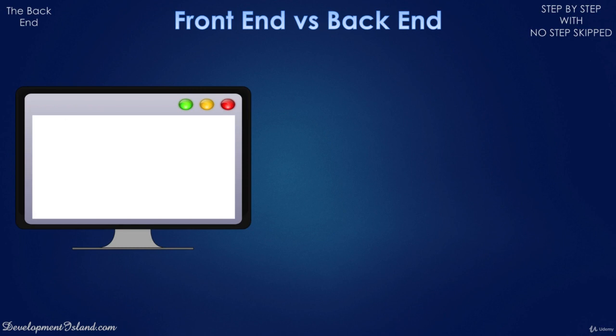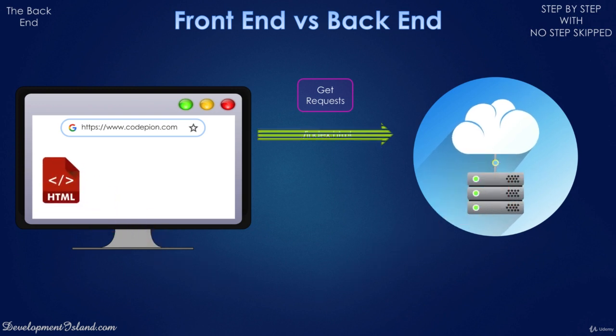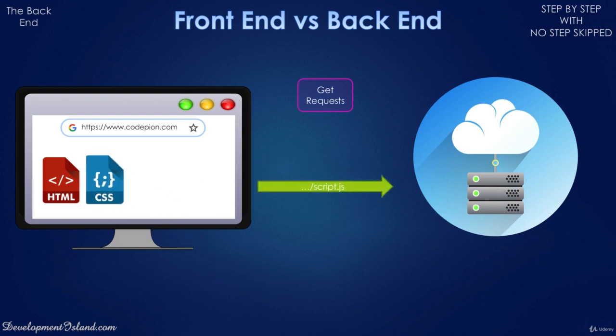So your users will type a URL in their browser, and then they will send a request through that URL to a server. Now, depending on your file, you will have a few requests which are going to be sent to the server, including your HTML file, your CSS file, any JavaScript files, any pictures, and so on.